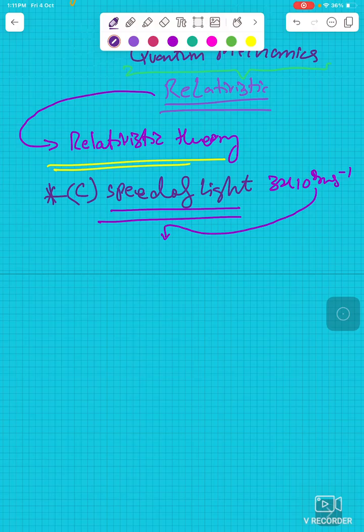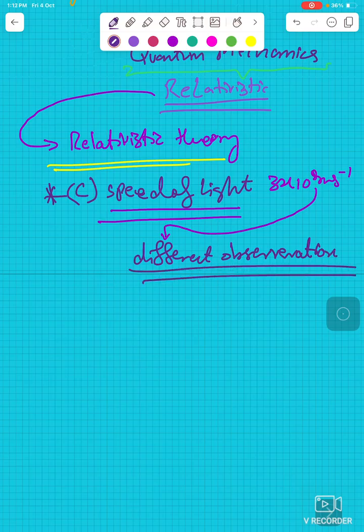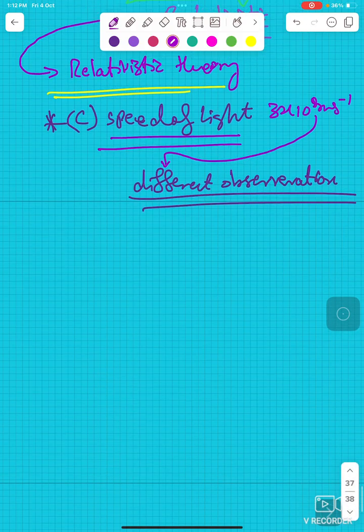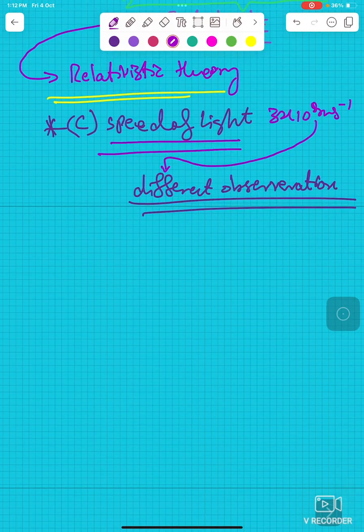the frame of reference is different, so the observation is different. In every different frame we have a different viewing point, and now that we know about relativity, different observations are done.